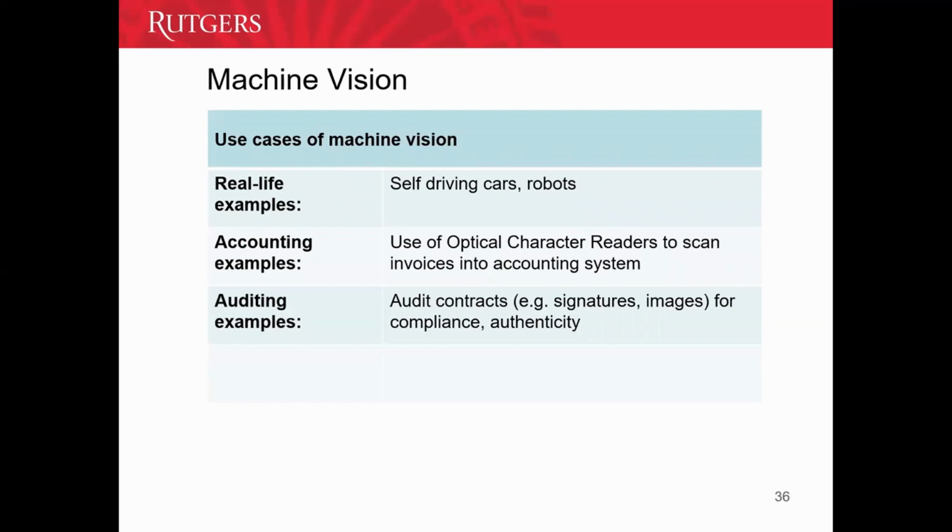And so, as I mentioned here, that there is optical character readers. A good machine vision use case here is a software that has been released that can be able to scan invoices and extract the data within those invoices and feed them directly into an accounting system. So this software is interesting because it saves a lot of time.